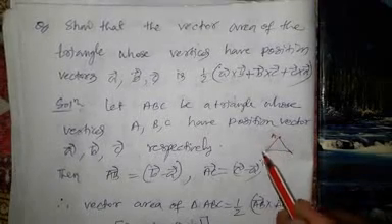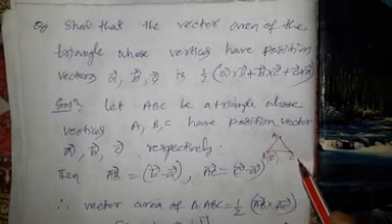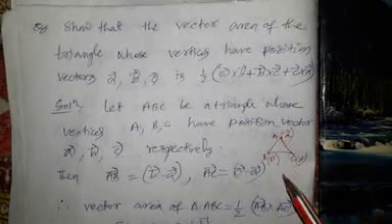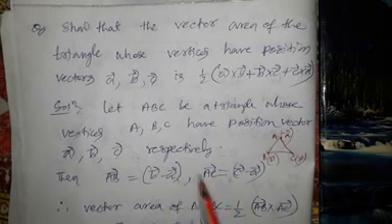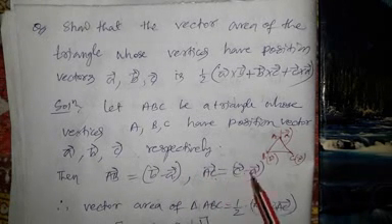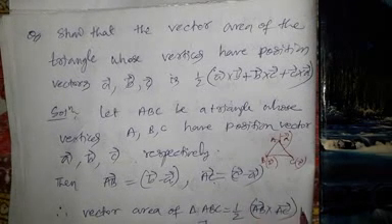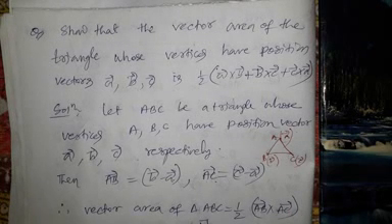This is A, this is B, this is C, and the position vectors are given. Now AB vector is equal to B minus A, AC vector is equal to C minus A vector. Vector area of the triangle is half into AB cross AC, half into (B minus A) cross (C minus A).